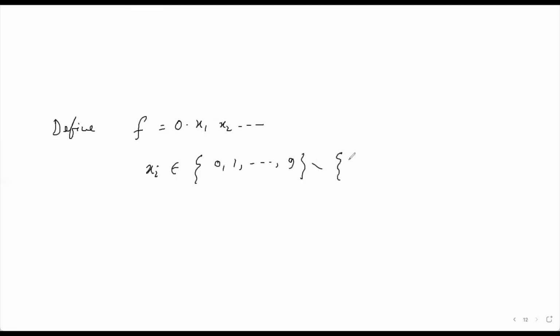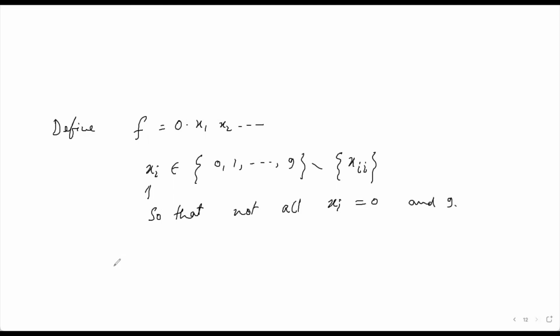Now we define f equal to 0.x1x2, and so on, where xi belongs to {0,1,...,9} minus xii, and we choose each xi such that not all xi are equal to 0 and 9.